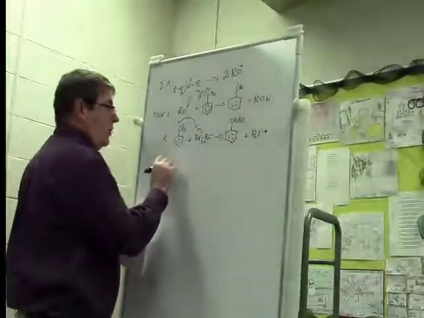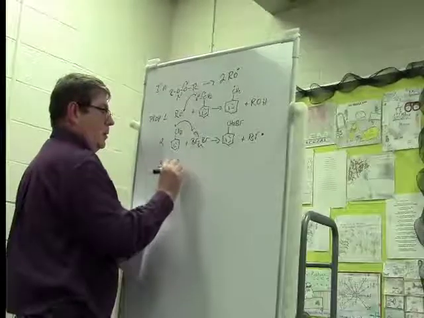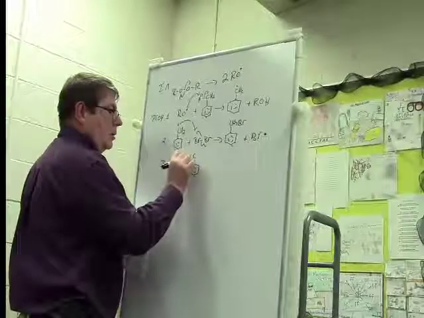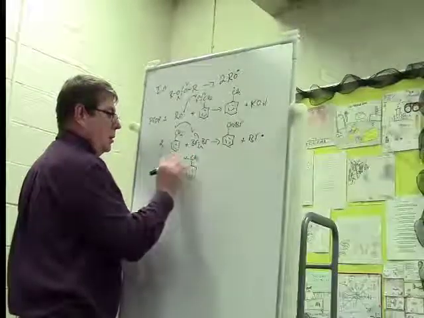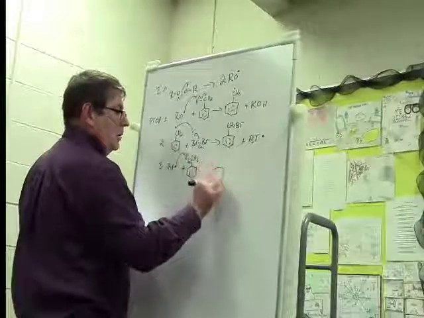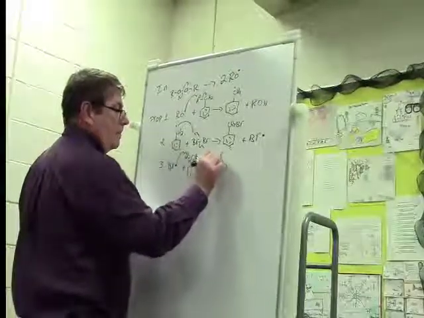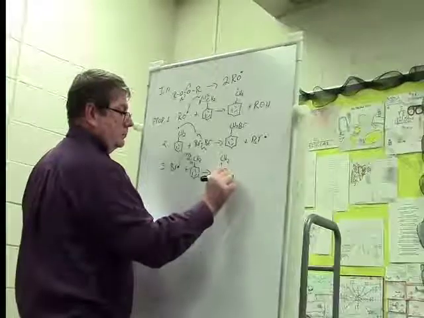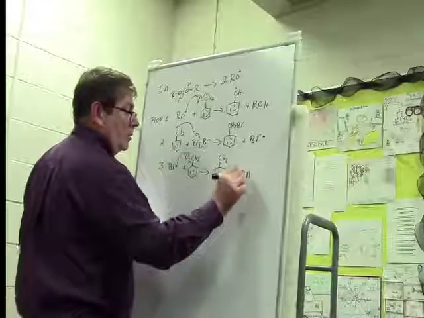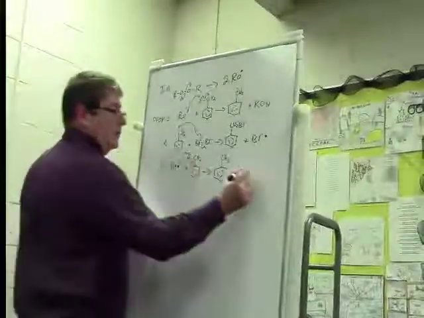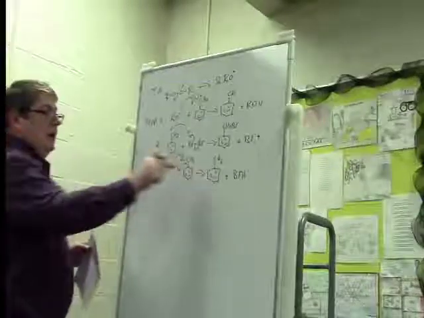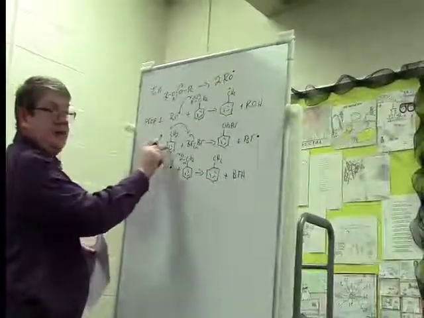Propagation step number 3, Br dot reacts with toluene to give, I should have written HBr, but you know, you get it. Hydrobromic acid, right? So this then goes back up into this step, and this continues.